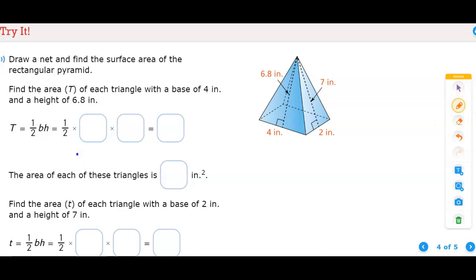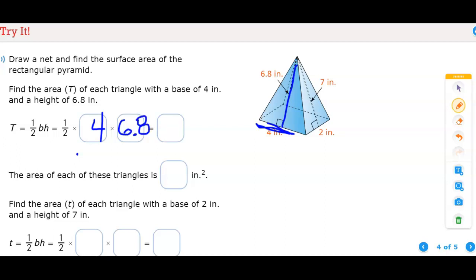The base of the triangle is 4. The height of the triangle is, let's look at this triangle first that I already underlined the base for, which would be the 6 8/10. So 6 8/10 will be the height of that triangle.